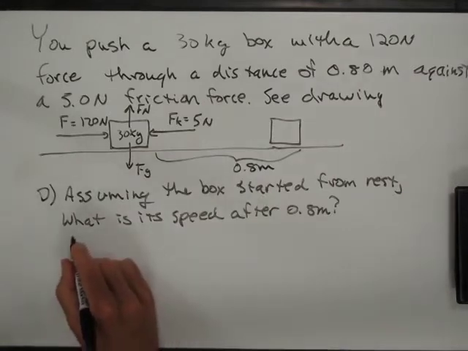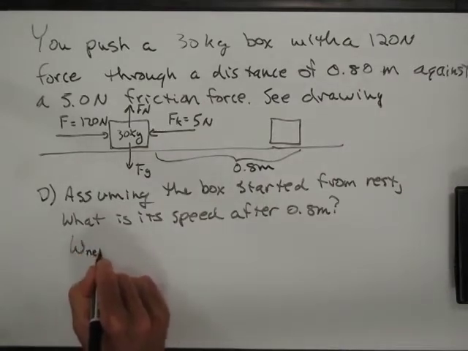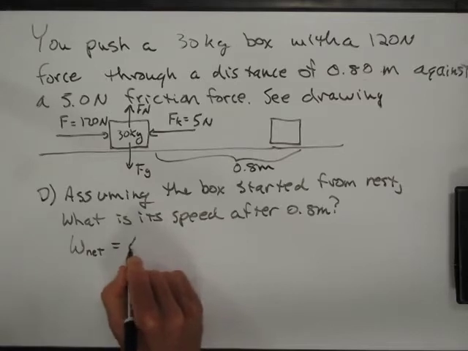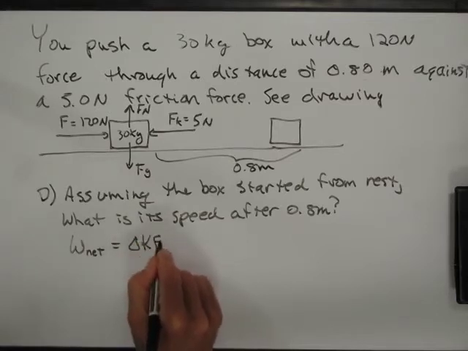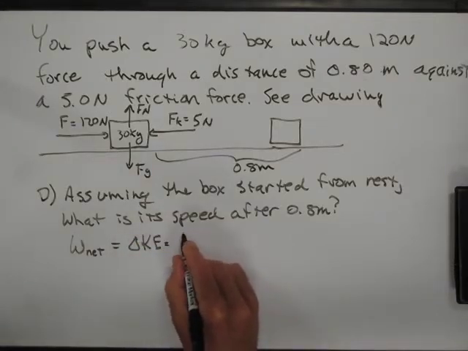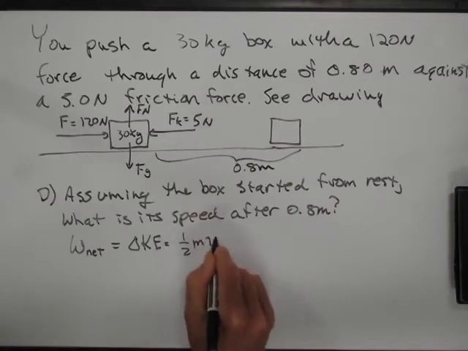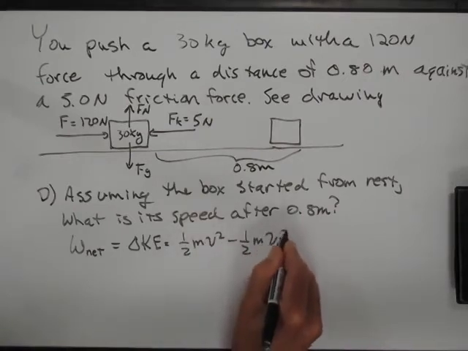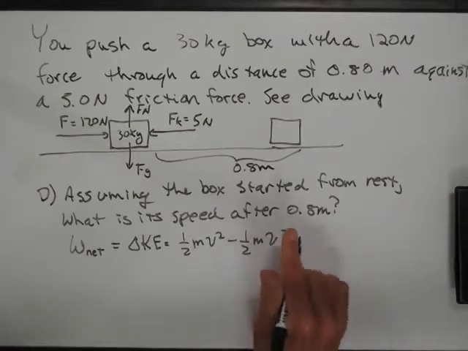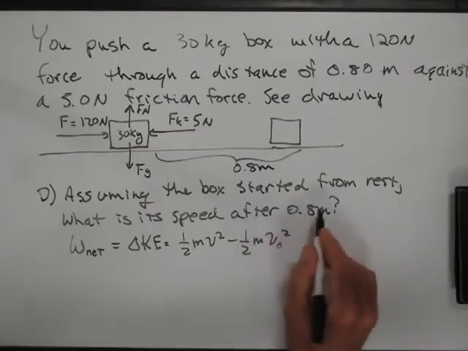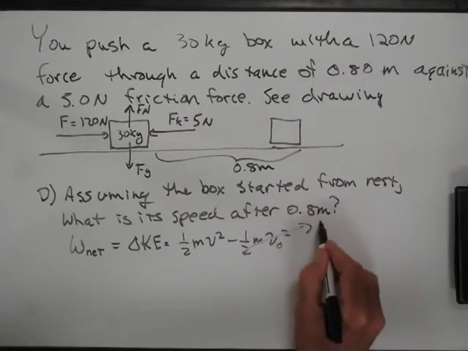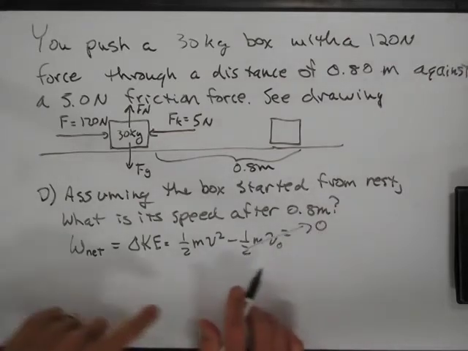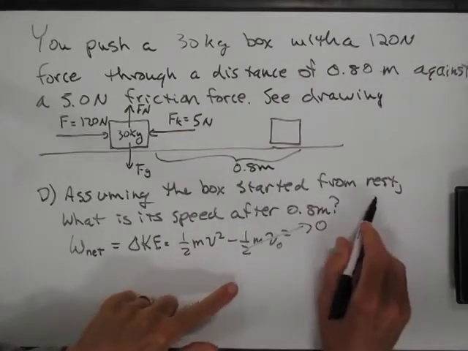And so here we say, look, well, the net work done, which we already calculated, is the change in kinetic energy, which is 1/2 mv squared minus 1/2 mv initial squared. Remember, assuming it started from rest, it's got no initial kinetic energy. It's got no energy of motion if it starts from rest.